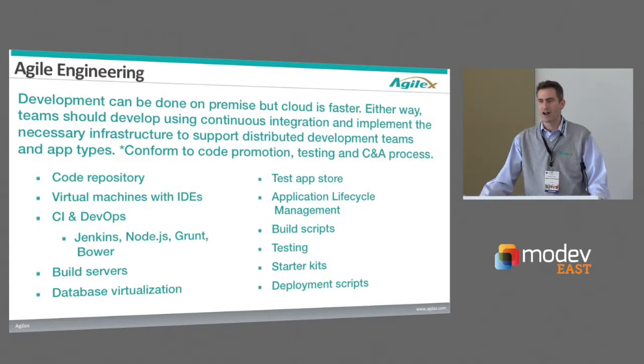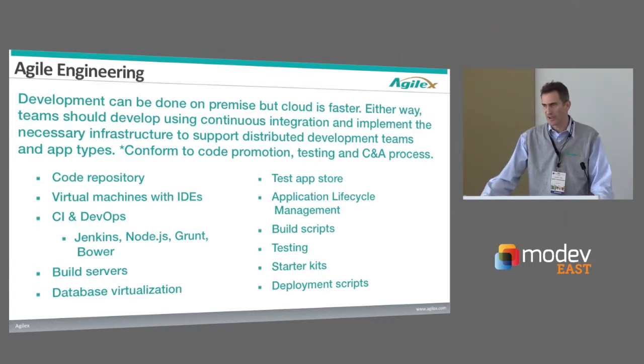That's not to say you can't optimize an on-premise CI environment to do things quickly, but typically the cloud can be a much faster way. Either way, teams should really develop using continuous integration and implement the necessary infrastructure to support these multiple distributed teams, whether they're building native apps or mobile web apps, what have you.